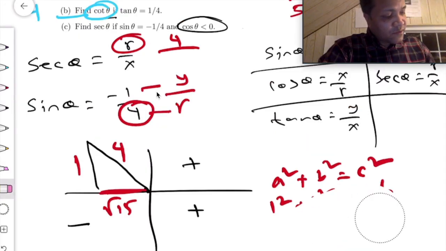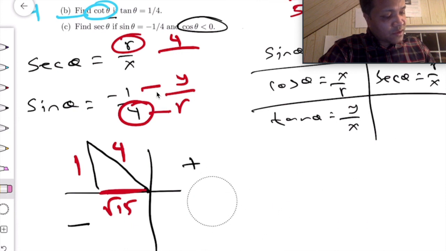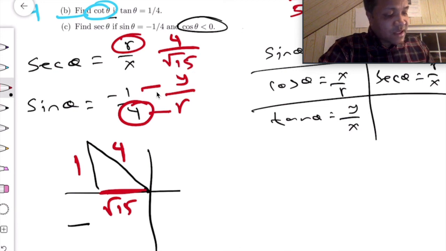Now we are trying to find out secant. So x is the square root of 15. But that's not the answer. x is negative, so we're gonna have to put negative. But that's still not the answer.